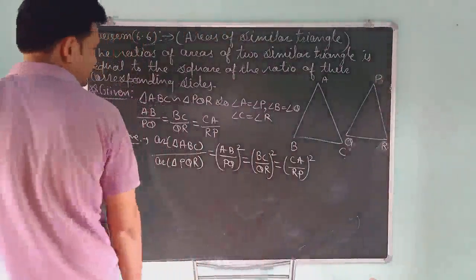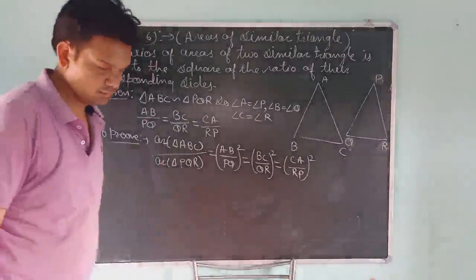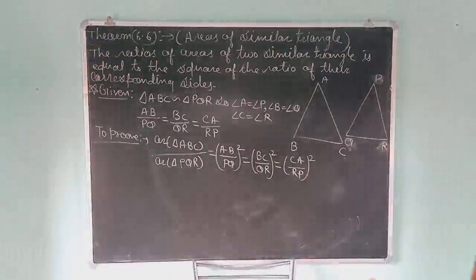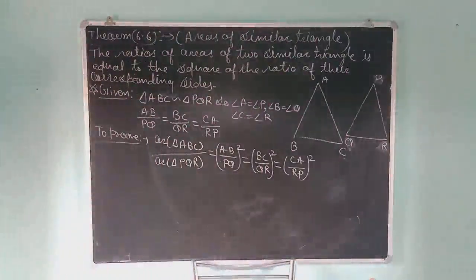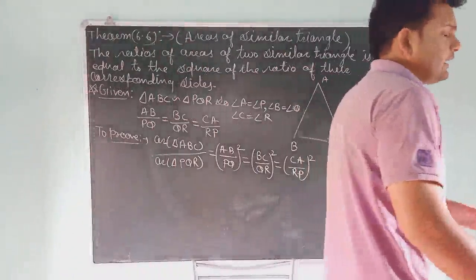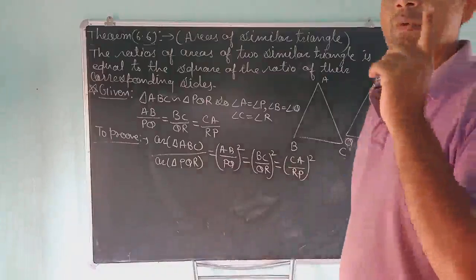Now in this question we are talking about area, and you know the formula of area of any triangle. What is the formula to find the area of any triangle? Area of any triangle is given by half base into height.